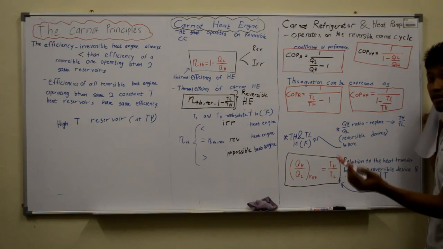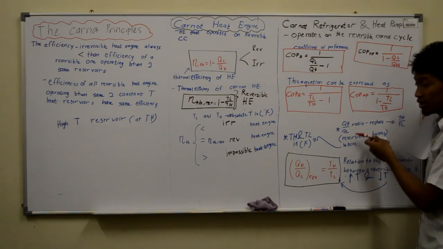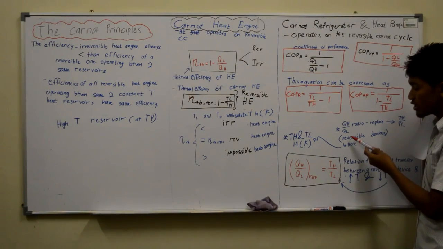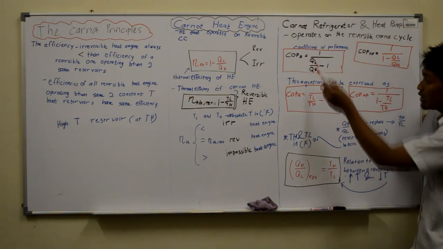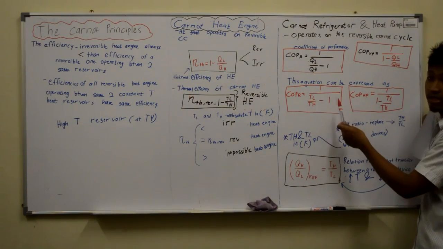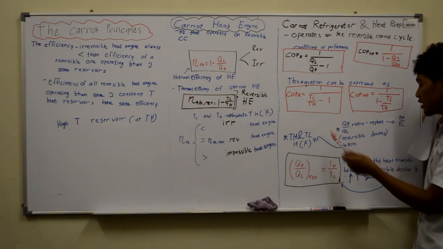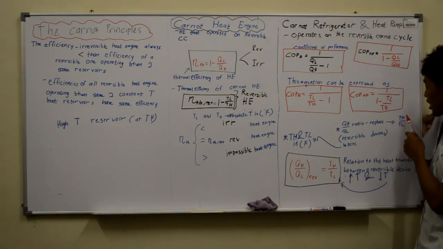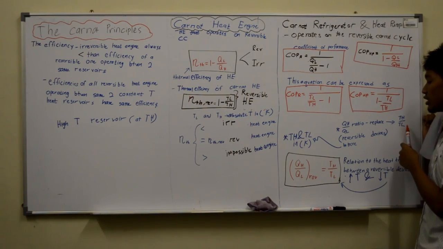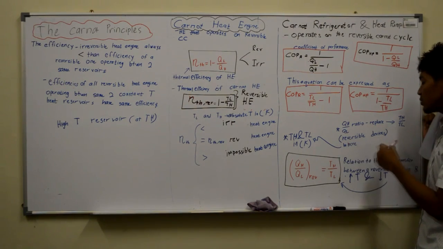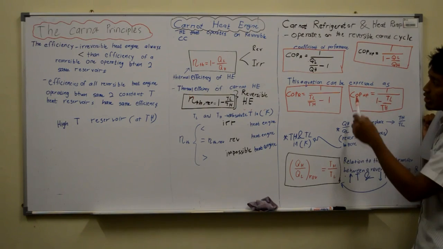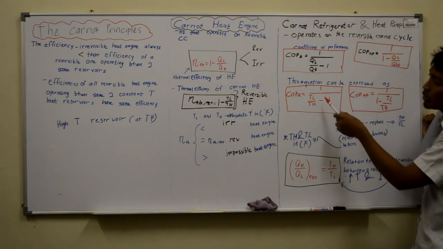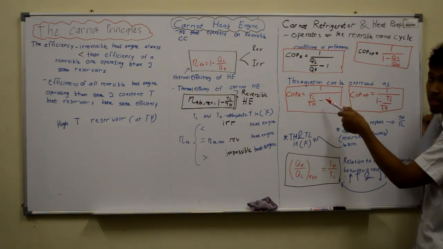Another thing I want to add is that this ratio QH over QL can be replaced by TH, the high temperature, divided by TL, the low temperature, and this is for a reversible device. That's why we write this formula the same, only changing Q into T.